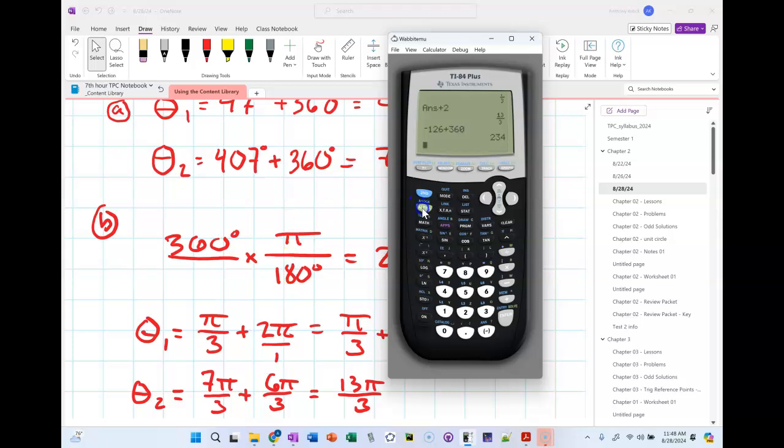To get that horizontal fraction bar, I press alpha, that's the green button. I press y equals, that's the top left-hand corner. I'll pick option 1. And I'll do 1/3 plus 2 and press enter. That gives me 7 over 3. All I'm going to do now is put the pi back onto that, and I have my answer, 7 pi over 3.